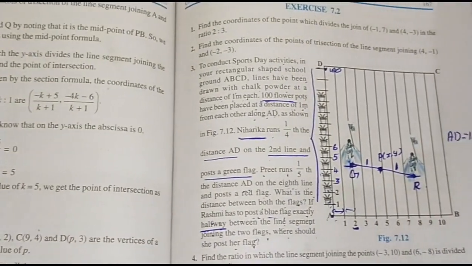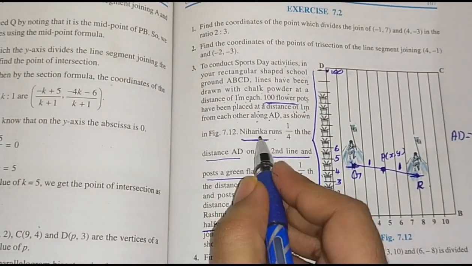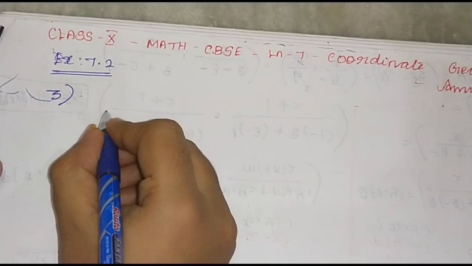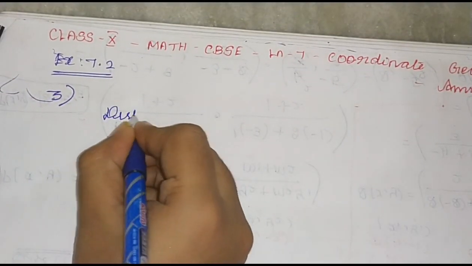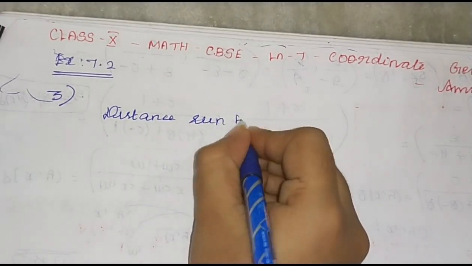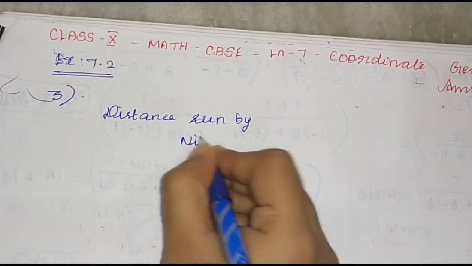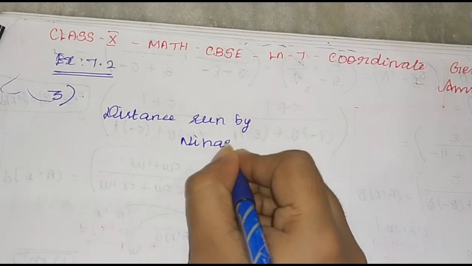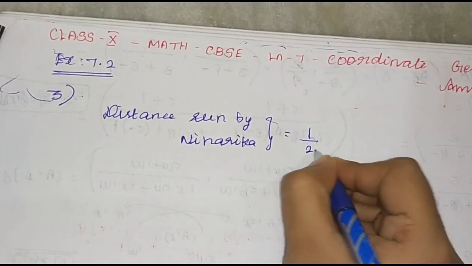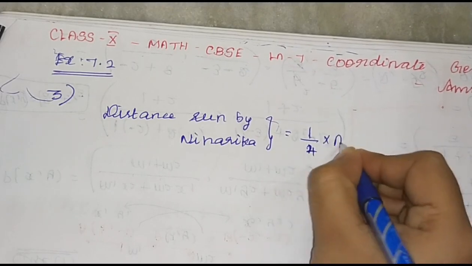Here in this question they have given that Niharika runs 1/4 of the distance AD. So first we have to find out the distance run by Niharika, which equals 1/4 of the distance AD.